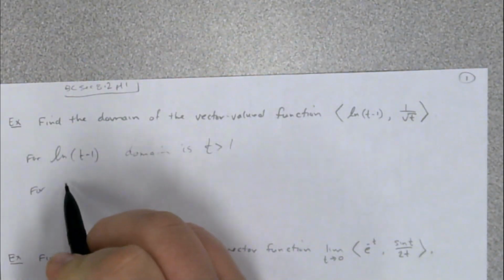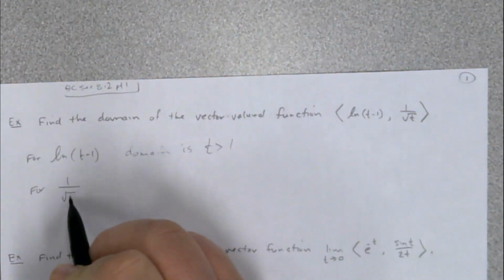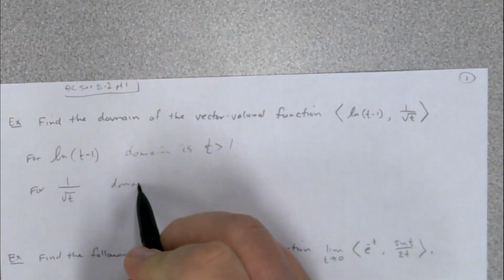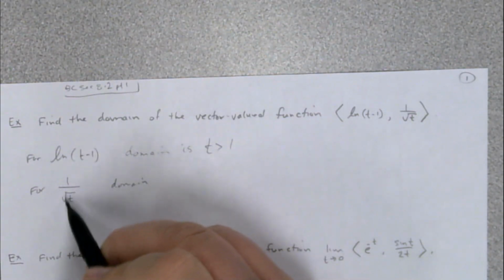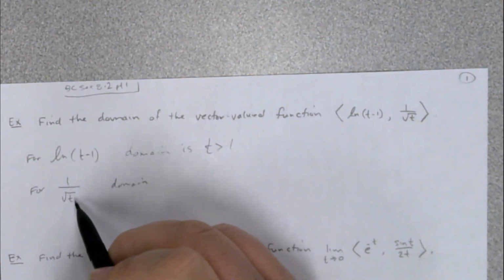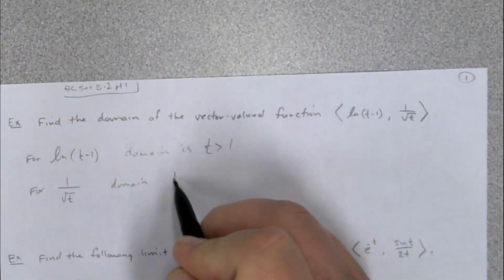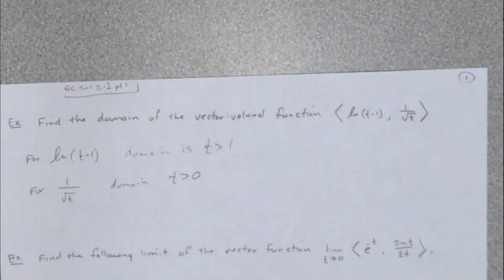And for this function, what's the domain? It's in a fraction form, and there's a square root. The square root means that t can never be negative, and because it's in the bottom of a fraction, it can also never be 0. So we know that t has to be greater than 0.